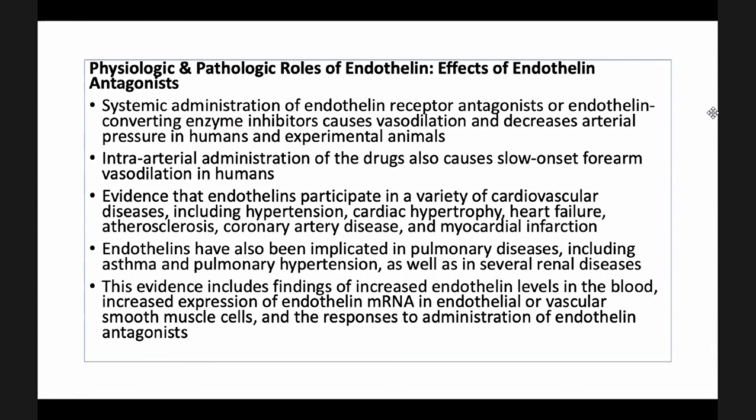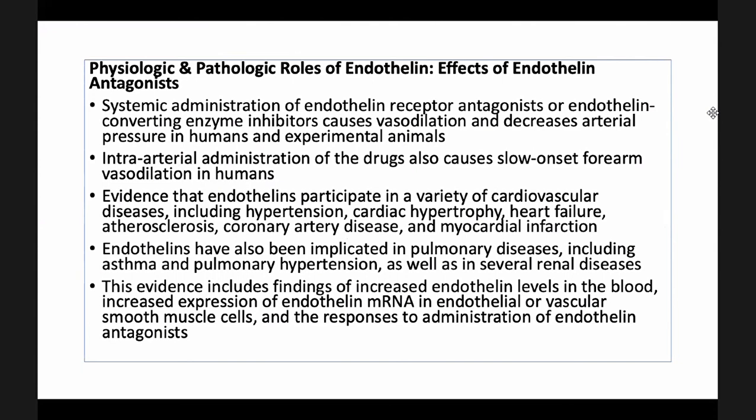There is also evidence that suggests that endothelins participate in cardiovascular diseases, including hypertension, hypertrophy, heart failure, atherosclerosis, and coronary and myocardial infarction. They have also been implicated in pulmonary diseases, including asthma and pulmonary hypertension, and in several renal diseases.